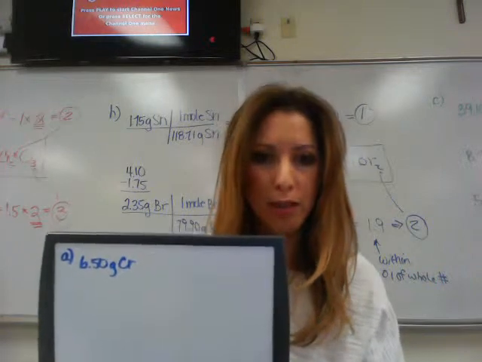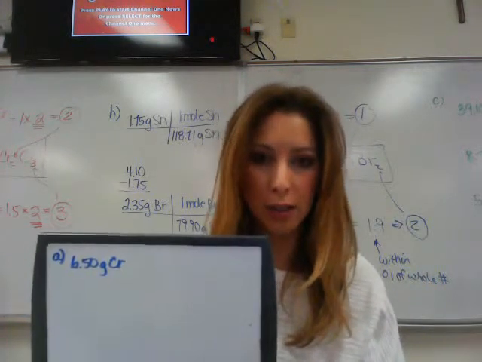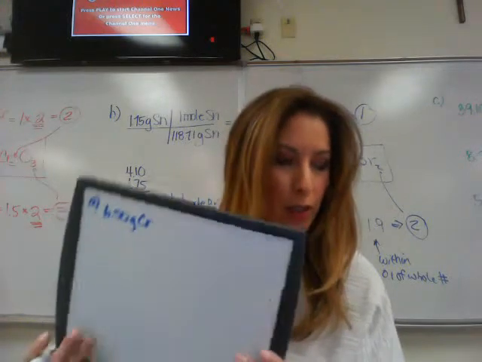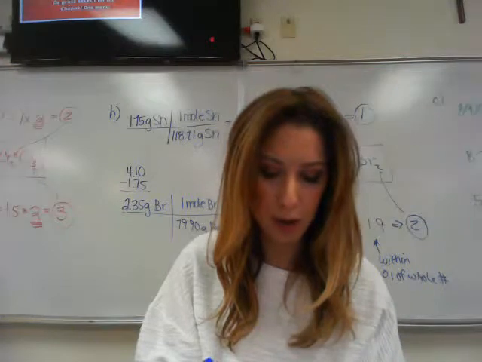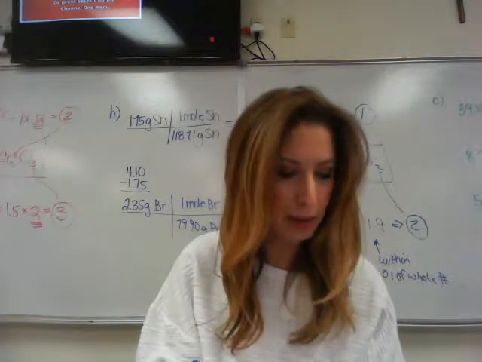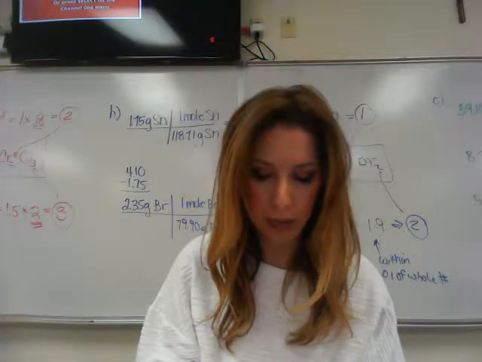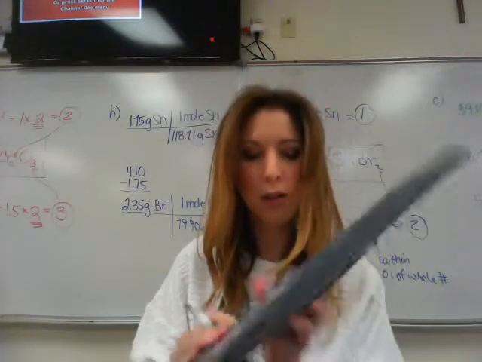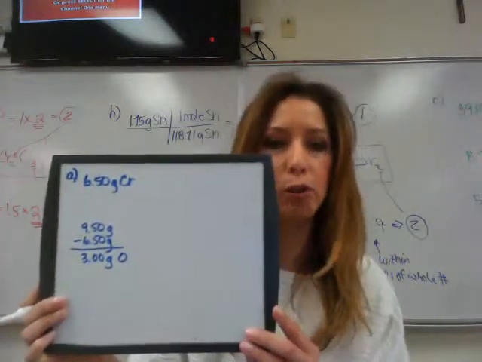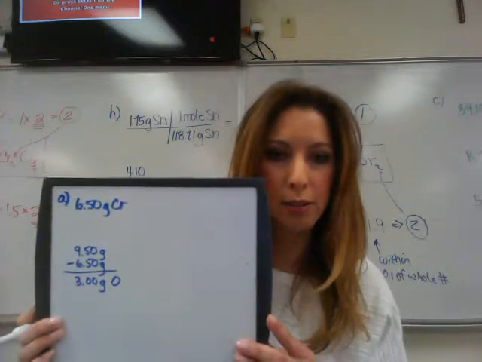You need to have the mass of every element in the compound in order to calculate the empirical formula. So if I want to get the mass of oxygen that's in the compound, I need to subtract the mass of chromium in the compound from the mass of the compound to give me my mass of oxygen, because chromium was combined with oxygen to make my chromium oxide compound.